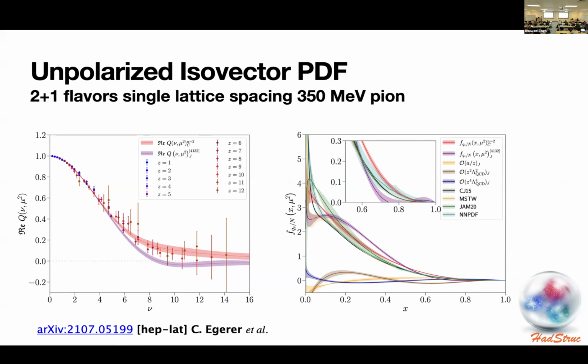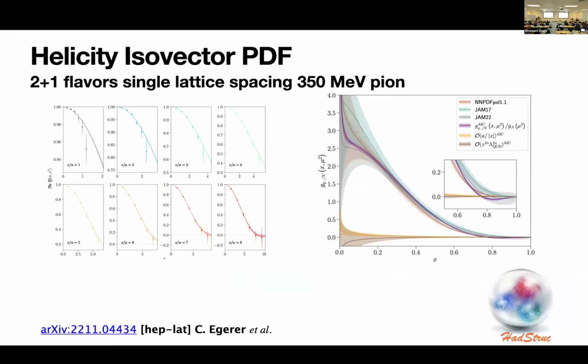And this is how the model that I have fits the data. This line here is if I only isolate the leading twist, the one that is responsible for the PDF. And this is the full model, how it describes the lattice data. In this case, it does a pretty good job.